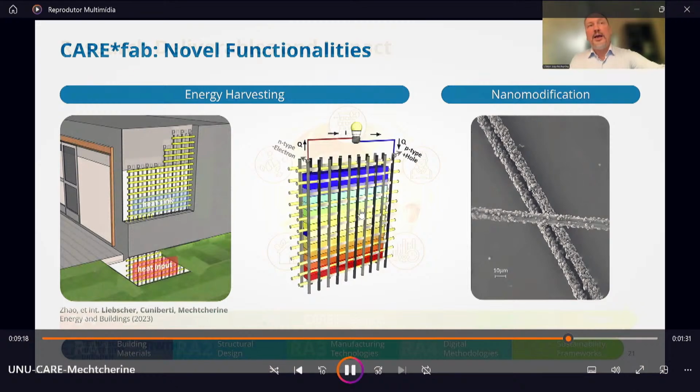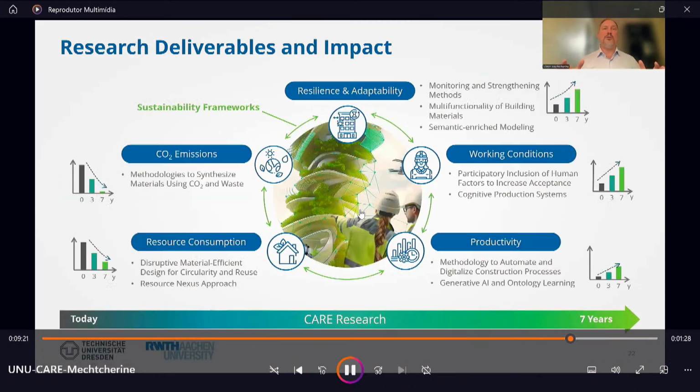In CARE, we set bold goals to catalyze a groundbreaking transformation in construction. Over the next 7 years, CARE will deliver disruptive methodologies to enable carbon-neutral building practices. Our research will also lay the groundwork for massively reducing resource consumption and waste.